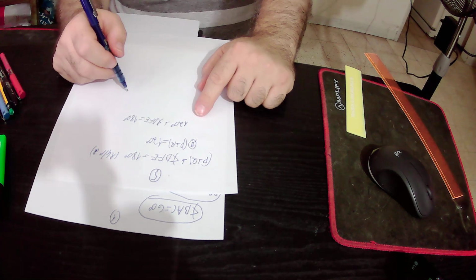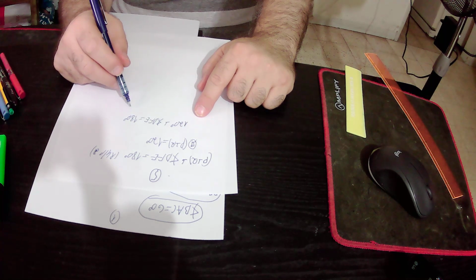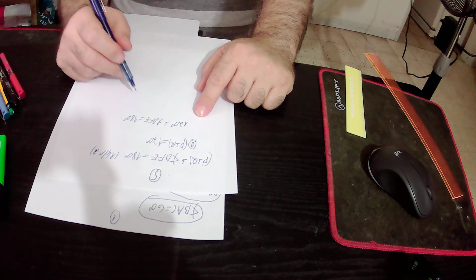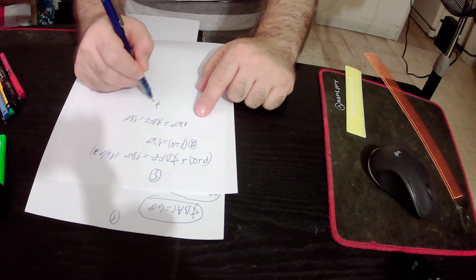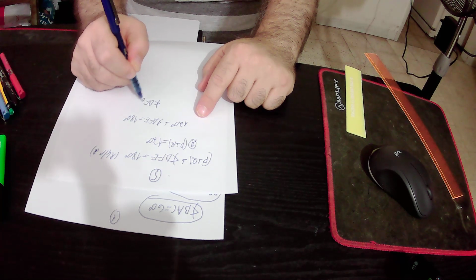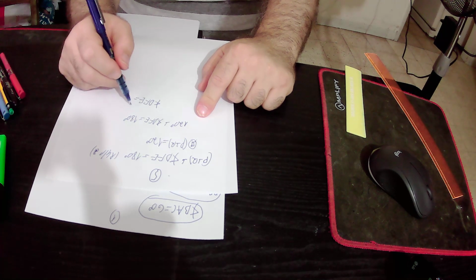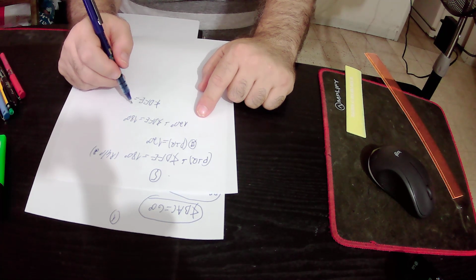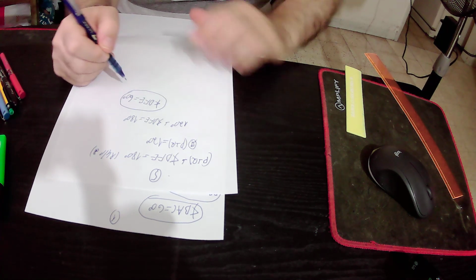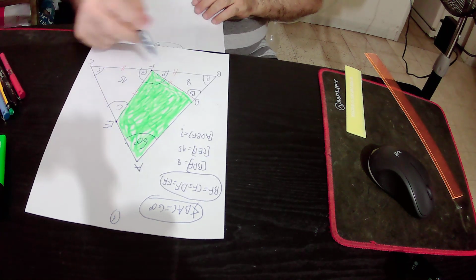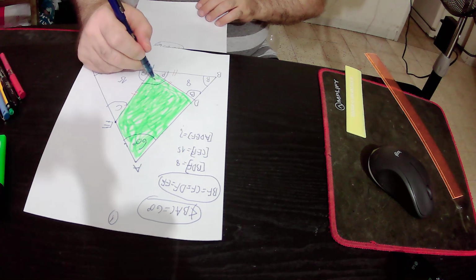Here we will subtract 120 degrees from this equality, and we will get that angle DFE equals 180 degrees minus 120 degrees equals 60 degrees. Okay, so this angle DFE equals 60 degrees.